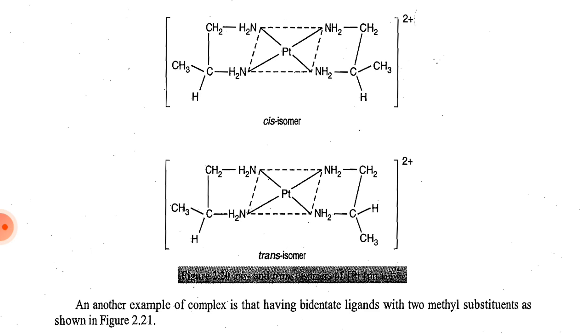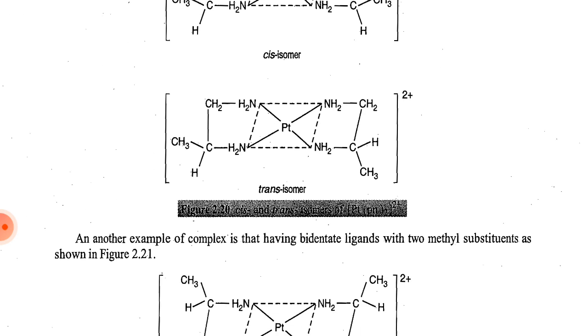In the trans isomer the methyl groups are opposite to each other with respect to the carbon atom attached to the ammonia, so the methyl group's position is different. So we must give more attention to the methyl group attached to the secondary carbon atom which is bonded to the donor atom. We should keep our attention on that methyl group, and it will show that this is the trans form.